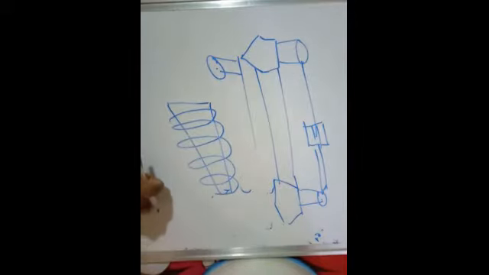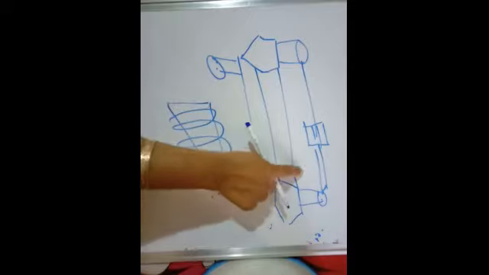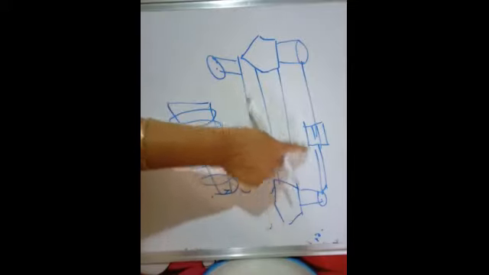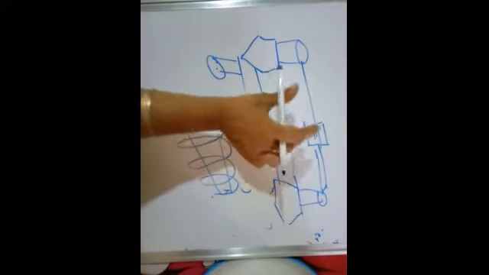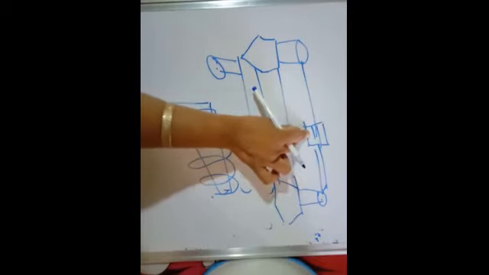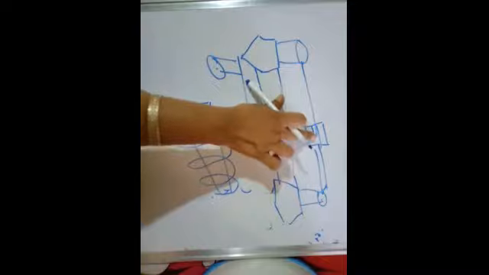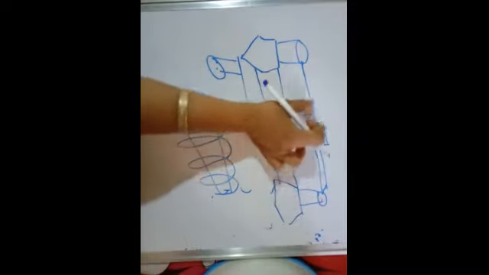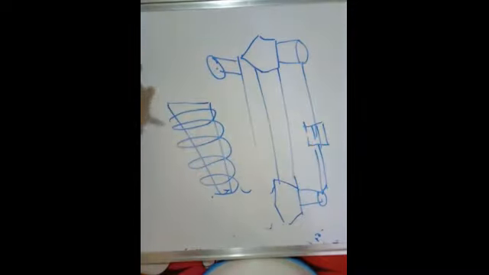In the case of linear and non-linear potentiometers, this one is the linear potentiometer, and by sliding this contact we can see the variation in resistance.